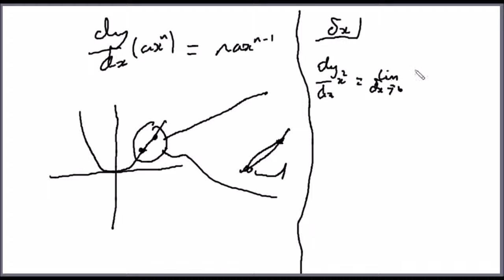You just say it's x plus delta x squared minus x squared over x plus delta x minus x.